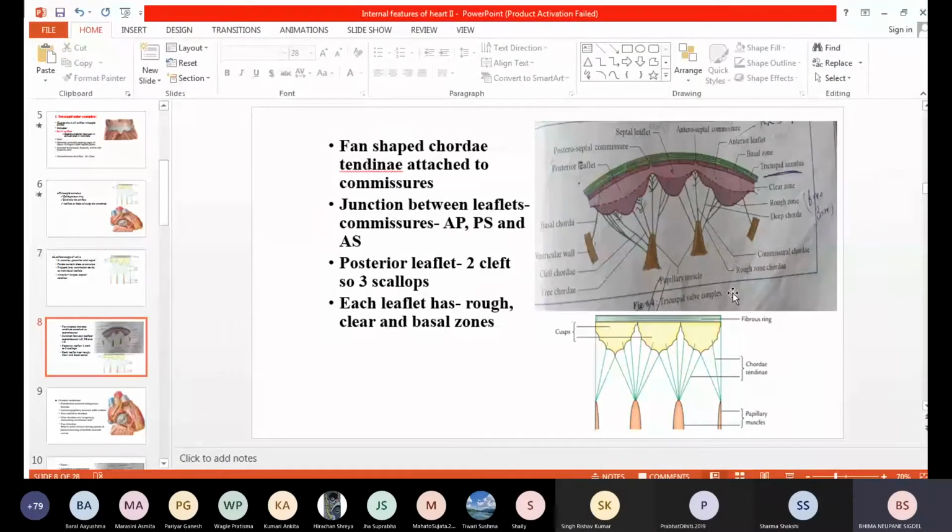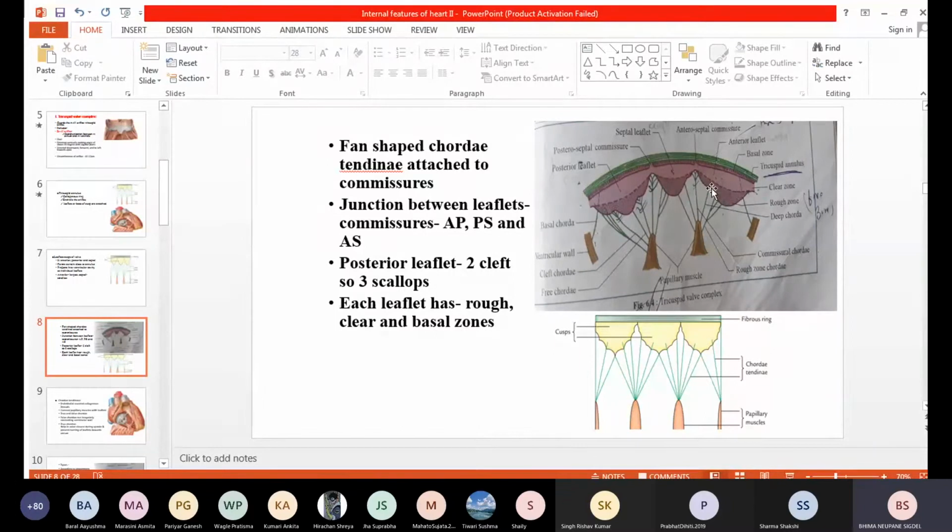Another is between the posterior and the septal leaflet; this commissure is known as the posteroseptal. Then the anteroseptal is the commissure between the anterior cusp, or leaflet, and the septal leaflet. This is about the commissures.